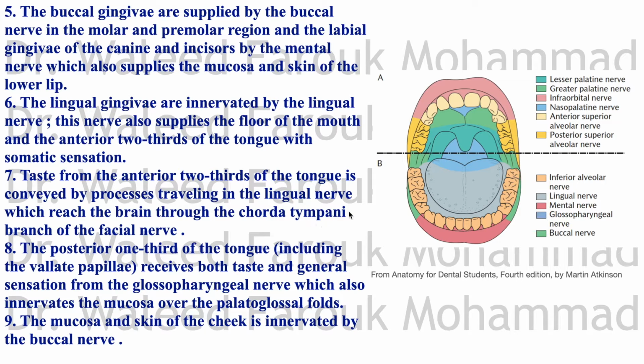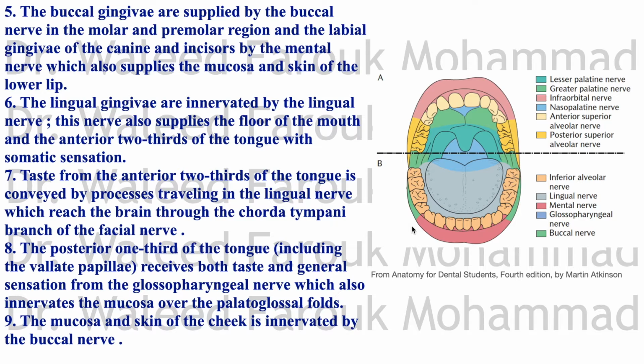Now, the buccal gingiva are supplied by the buccal nerve in the molar and premolar region, and the labial gingiva of the canine and incisors by the mental nerve, which is a continuation of the inferior alveolar and also supplies the mucosa and skin of the lower lip.